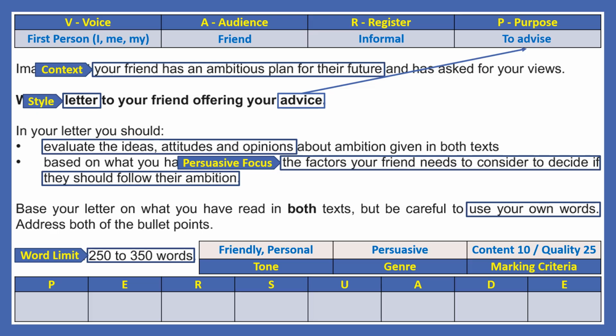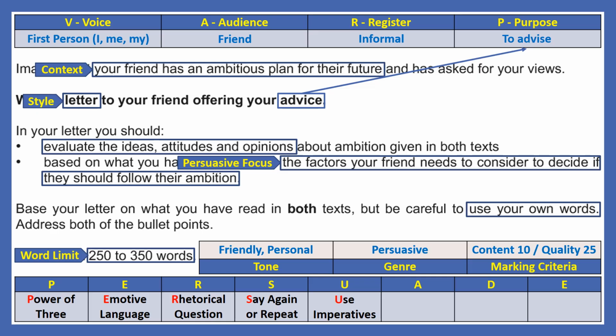To make your letter more convincing, include rhetorical techniques. The acronym PERSUADE can help you remember these. Power of 3. Use lists of 3 ideas or reasons. Emotive language, create a sense of feeling or urgency. Rhetorical questions, encourage your audience to think. Say it again, repetition, emphasize the key ideas.